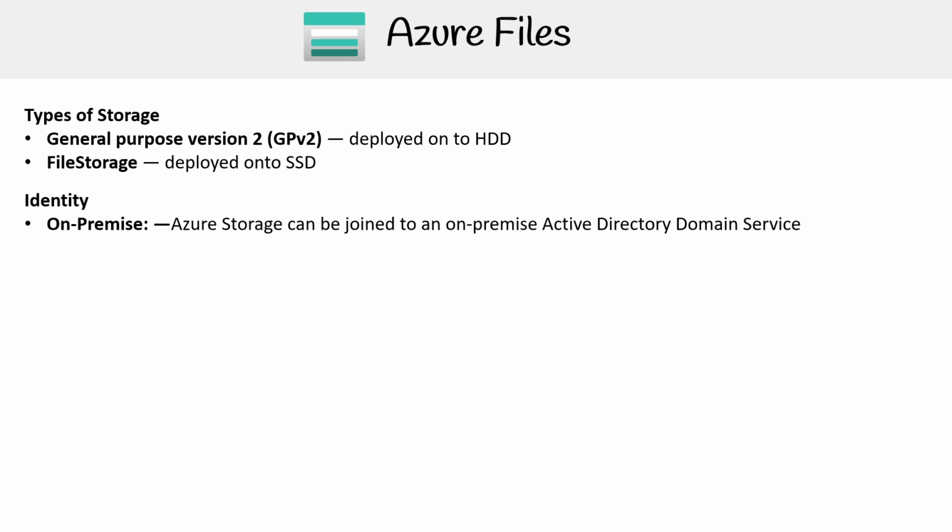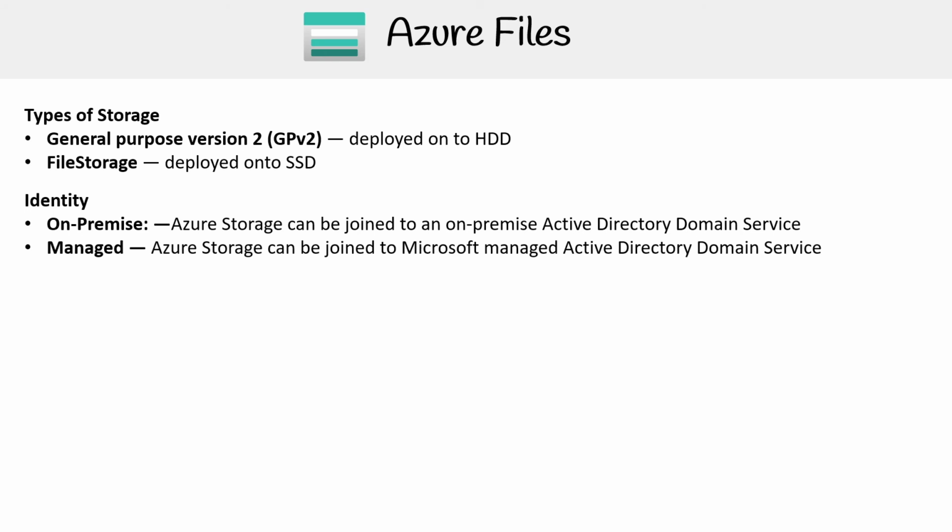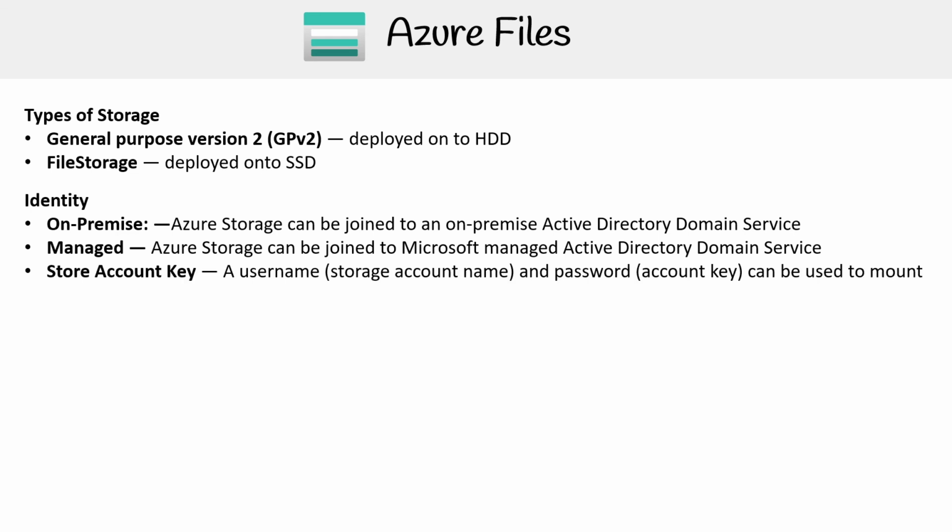For on-premises, this can be joined with your Azure Active Directory Domain Services. If you're using managed, this is where you're going to be using the Microsoft managed version of Azure Active Directory Domain Services. Then you have storage account key. This is a username and password that can be used to mount. I kind of feel like we cover this in more detail later, but I guess we'll find out.